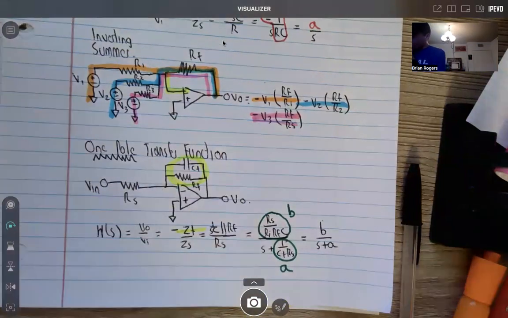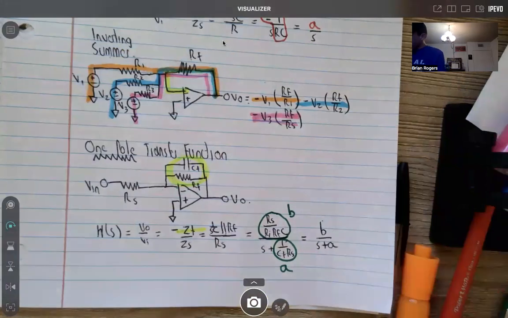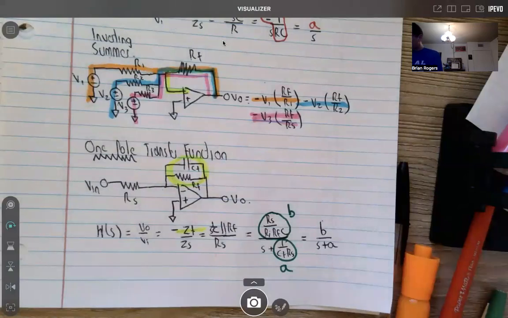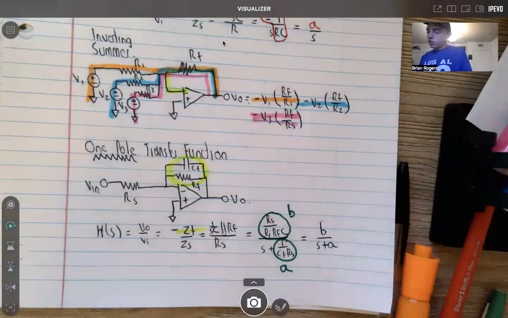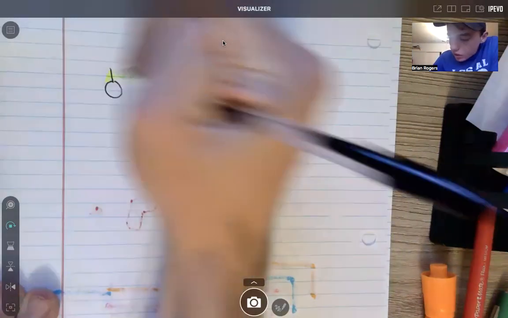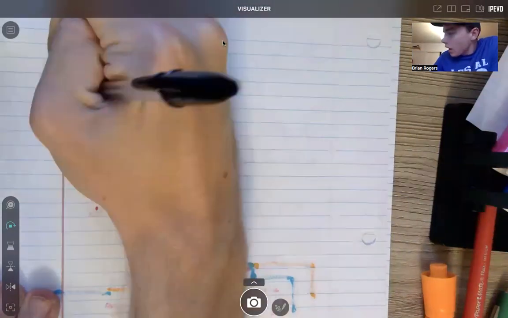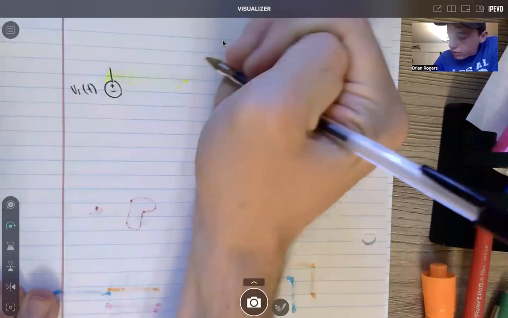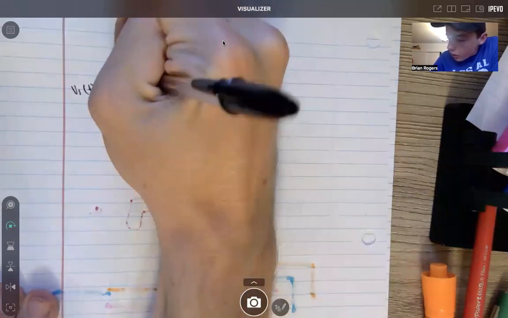Okay, now that we covered those devices, let's do another example. And so we need to find, this one is going to be the system over here. So let me draw the voltage source, Vs of t. And then let me draw a resistor, 1 ohm.